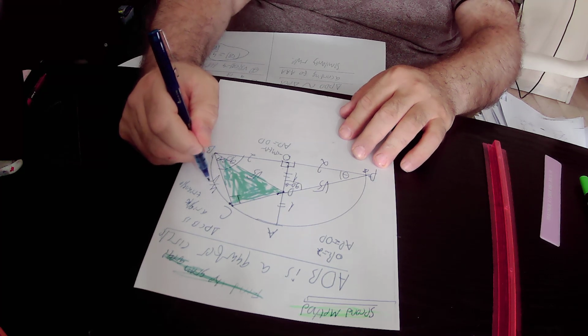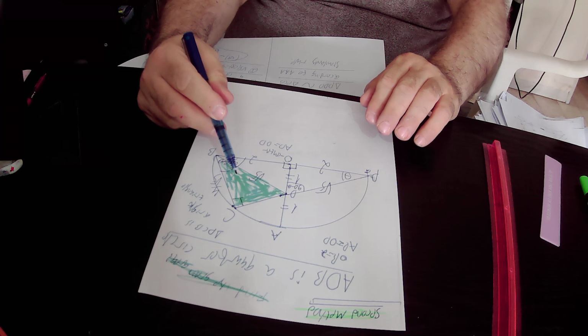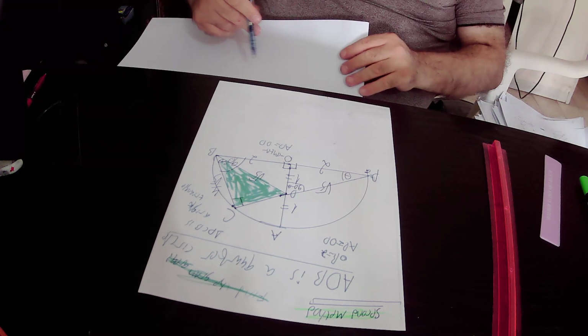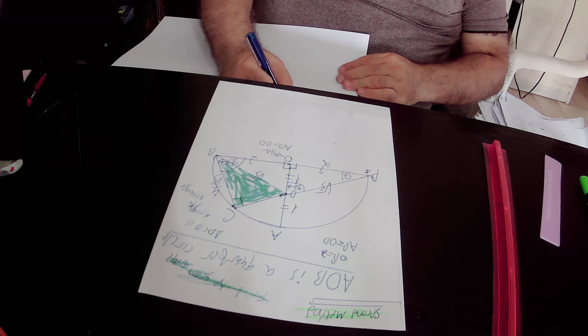In the next step, we will apply the Pythagoras theorem on the right blue triangle, triangle DCB. According to the Pythagoras theorem, the square of the hypotenuse equals the sum of the squares of the perpendiculars.